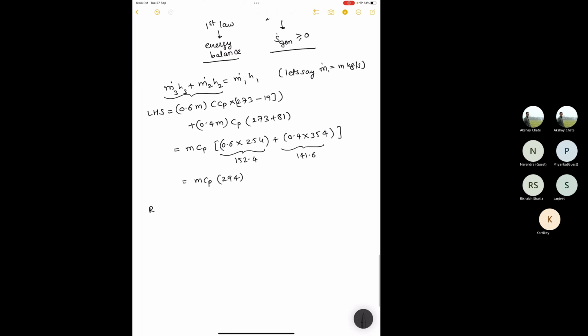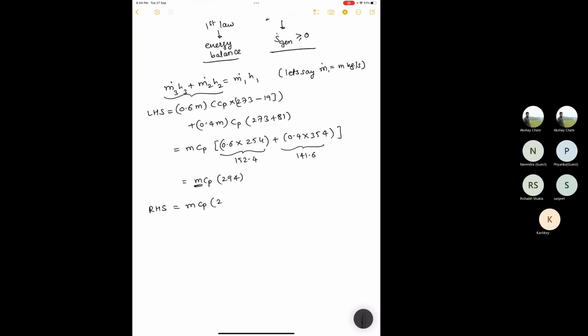Then go for the RHS. It is m dot everywhere, but make sure you know that the unit is kg per second. M1 is the total m, 100%.